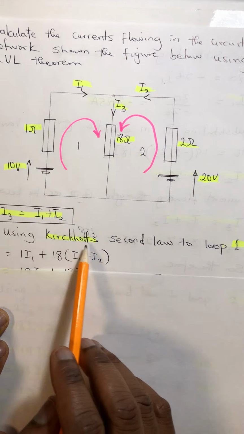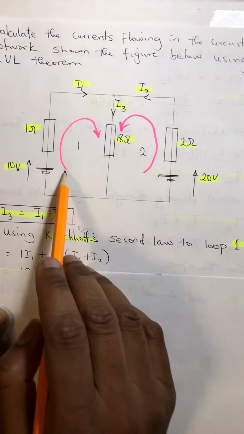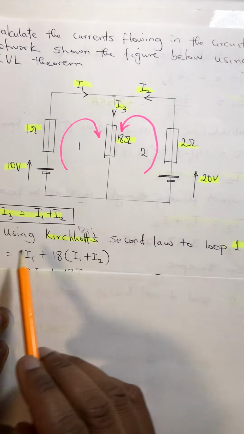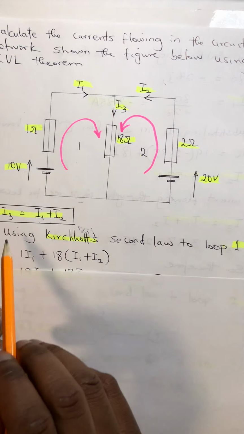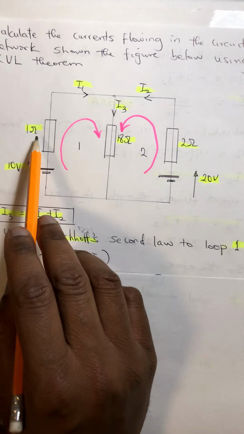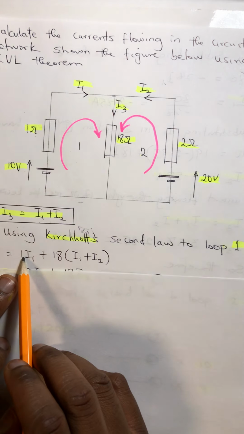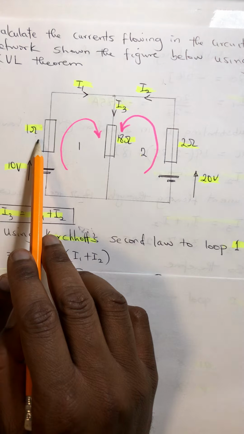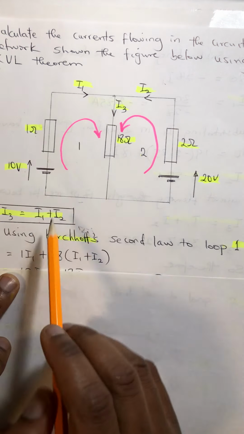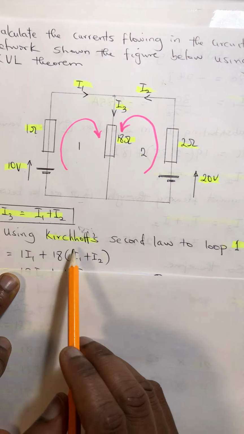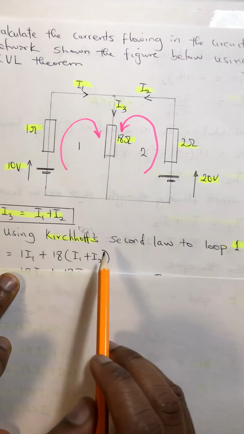So by using Kirchhoff's second law on loop 1, which is this loop, we have our 10 volts equals 1 ohm times I1 plus 18 into bracket I1 plus I2.